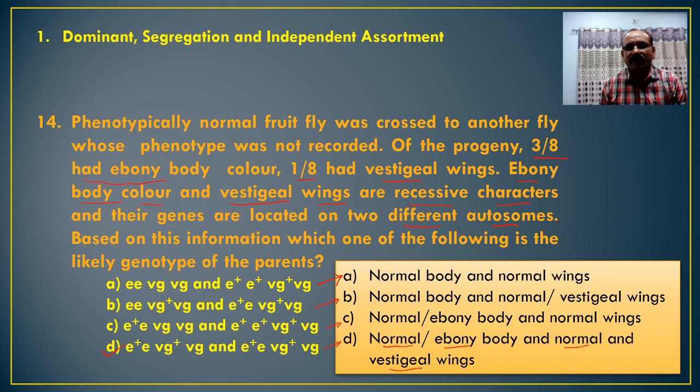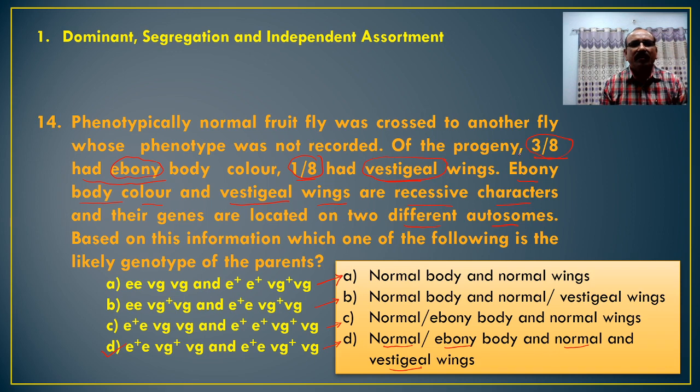As per the question, 3/8 are formed with the ebony body and 1/8 with the vestigial wings.